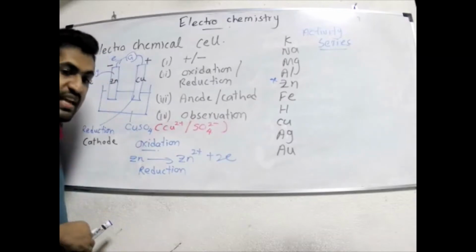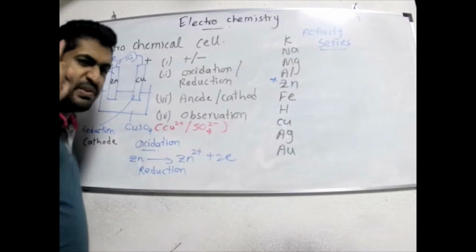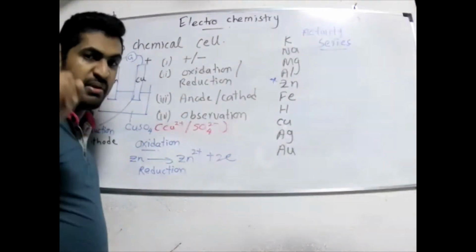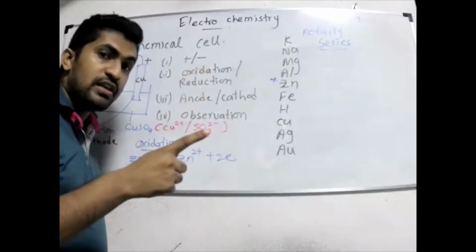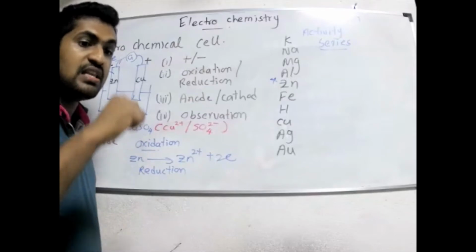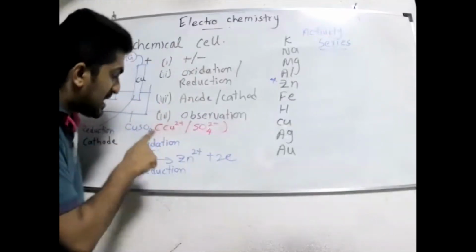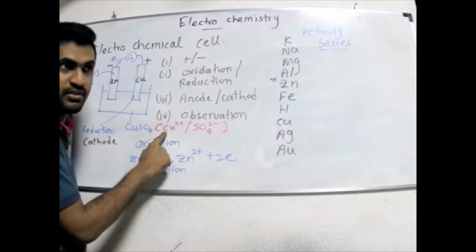You know, what is the cation in the solution? Copper 2 plus. Keep this in your mind. Reduction in the cell always happens at the cation of the solution, because the cation is the one which has a scarcity of electrons.